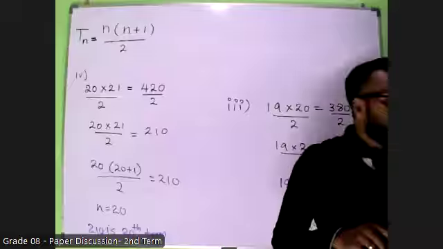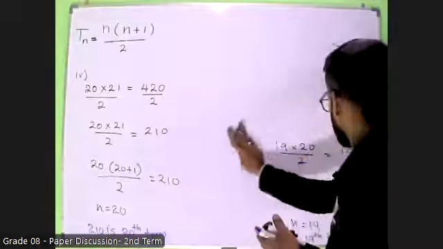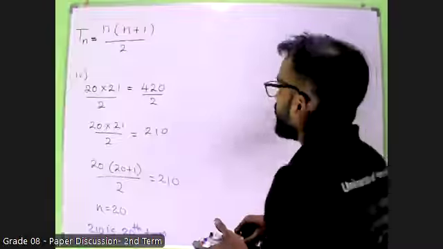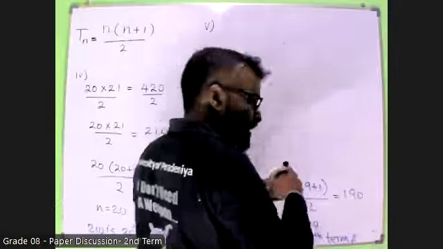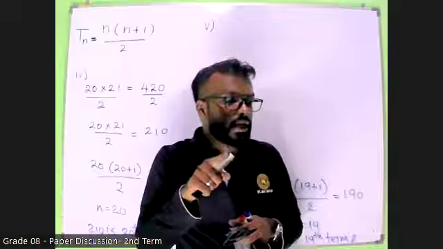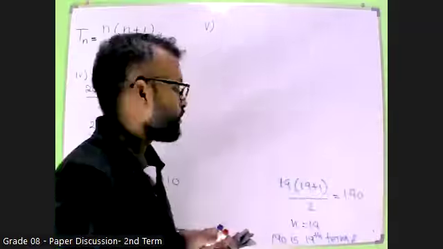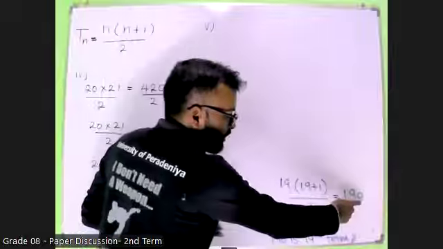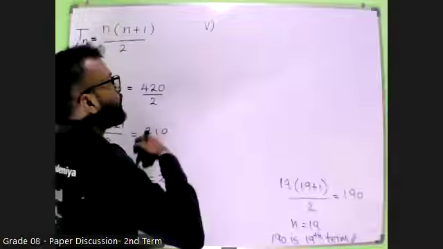So in the fifth question, what we have to do, let's see. Show that the sum of the 19th and 20th term. So 19th term is 190, 20th term is 210.